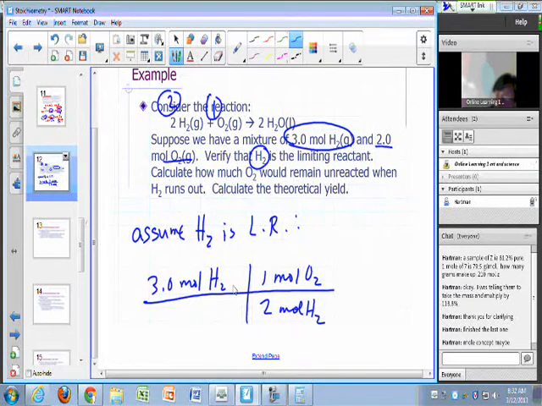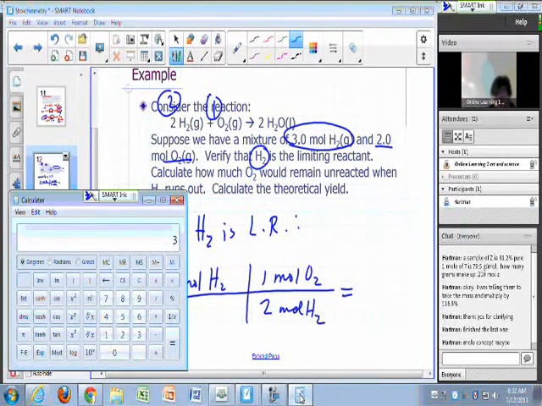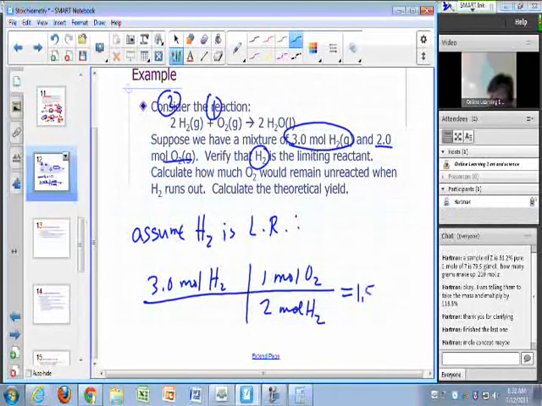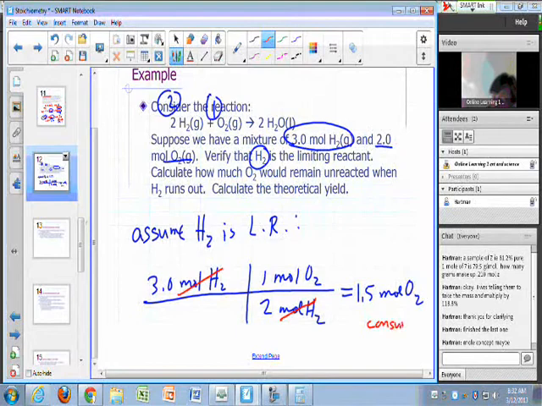Okay? And that gives you how much? 3 times 1 divided by 2, 1.5 moles of O2. This is consumed, right? Do we have enough O2 then? Well, according to this, you start off with 2 moles of O2.